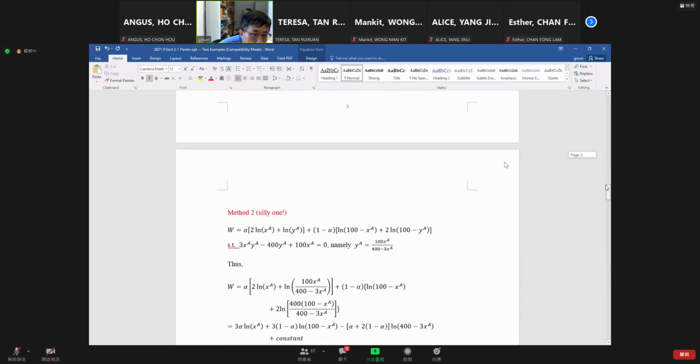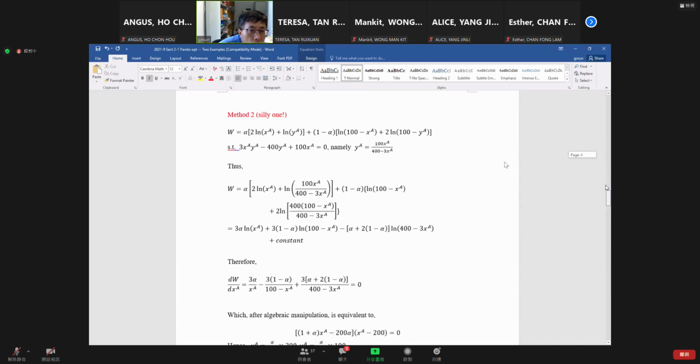This is how to do it. To solve this problem, we again formulate a social welfare function as a function of consumption by Alice, XA and YA. And at the same time, we know this is the constraint. We must find it from this set.